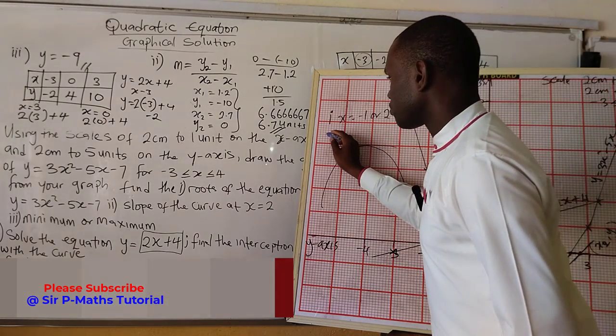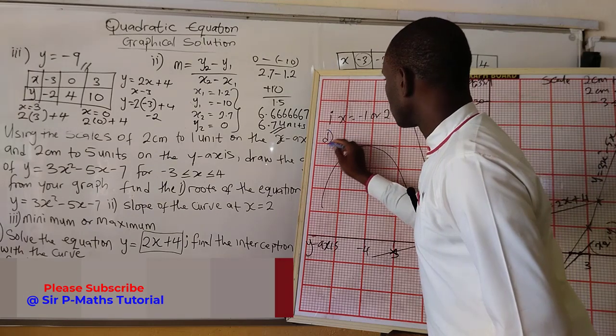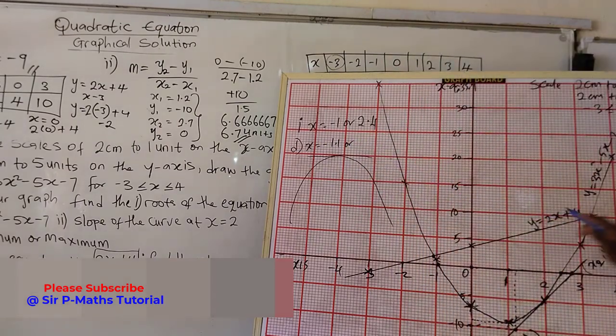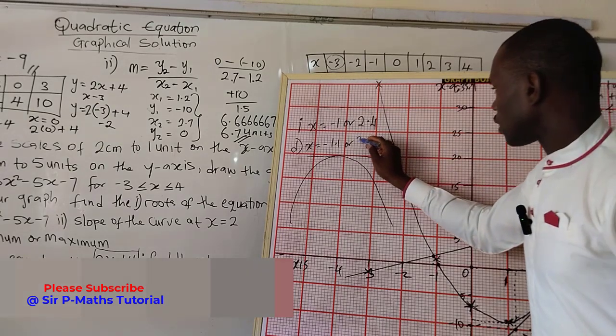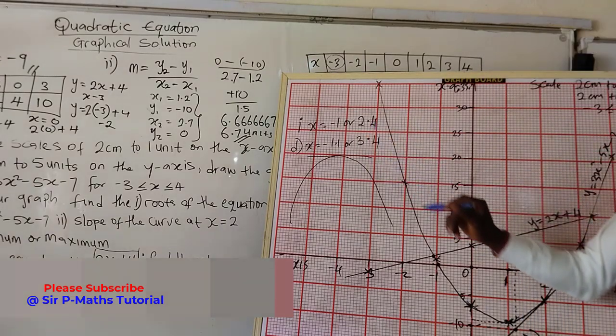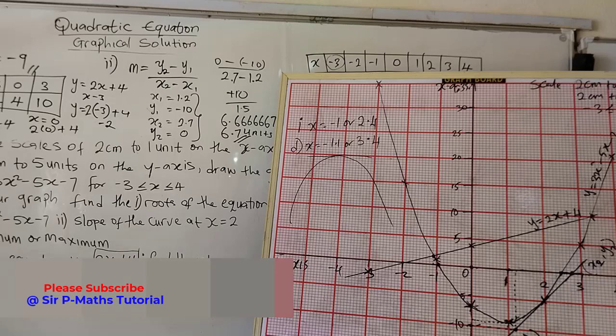So that will be giving me x equal to negative 1.1, or we have here, this is 3. 1, 2, 3, 4, it is on the fourth little line, and on the positive side 3.4. So this is the intersection of the straight line and the curve.